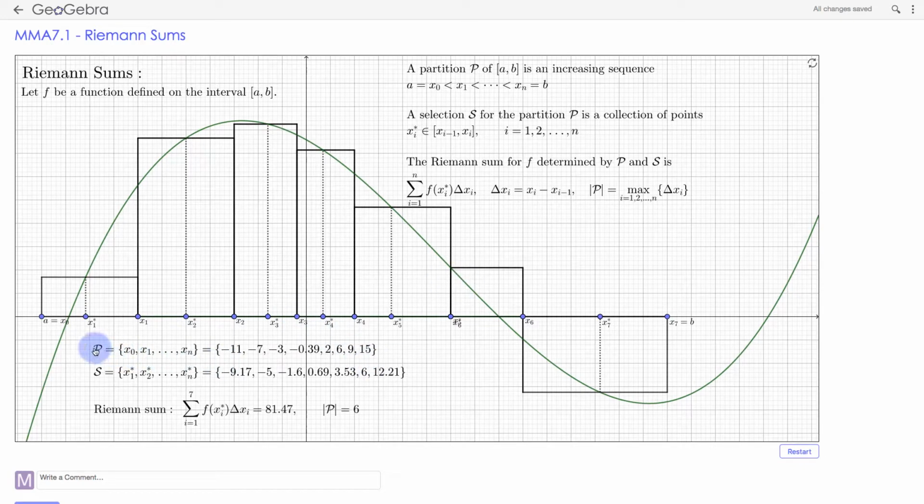Down here you can see what my present partition is. My partition is -11, -7, -3, -0.39, 2, 6, 9, 15. That's just the values you can see here, here, and so on. And my selection then consists of some numbers.